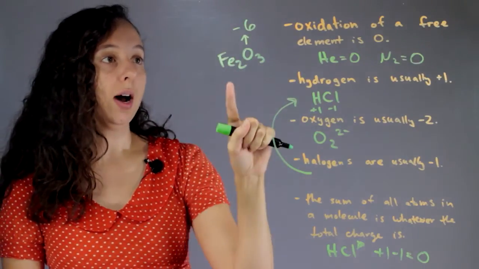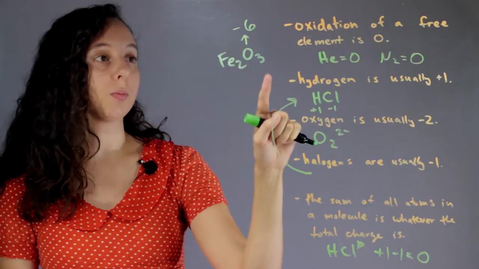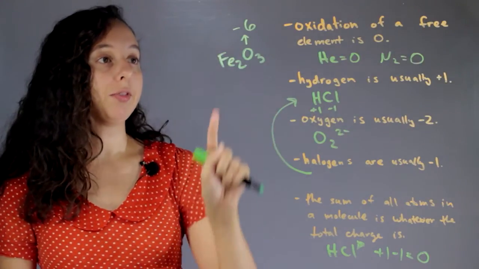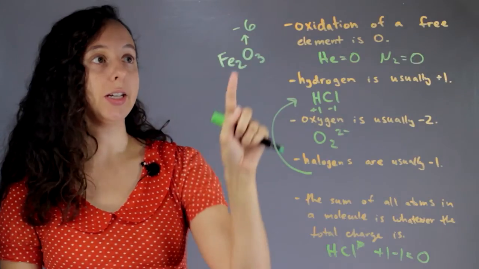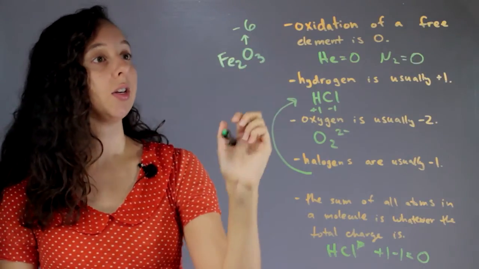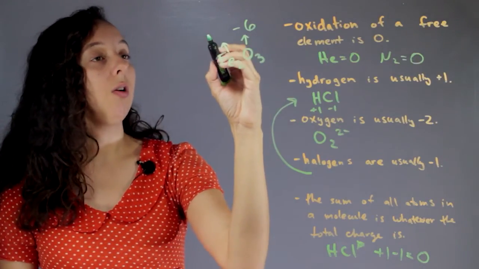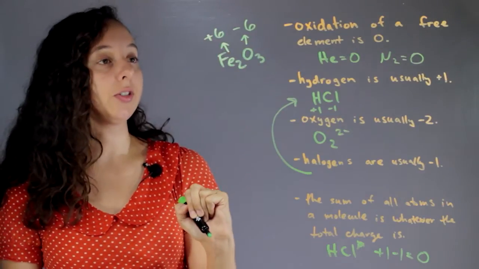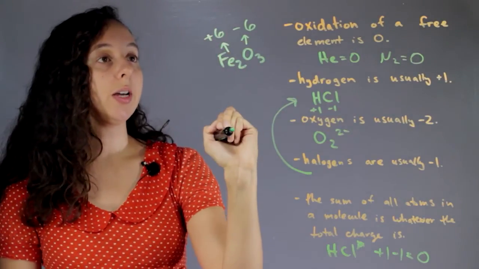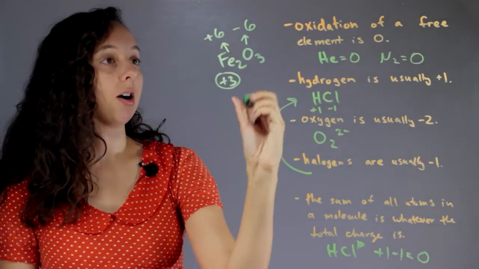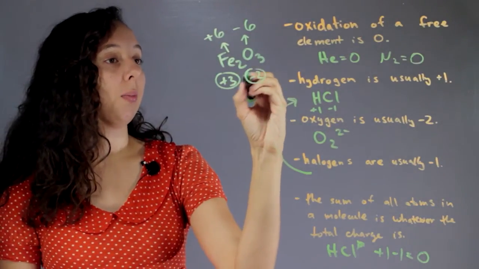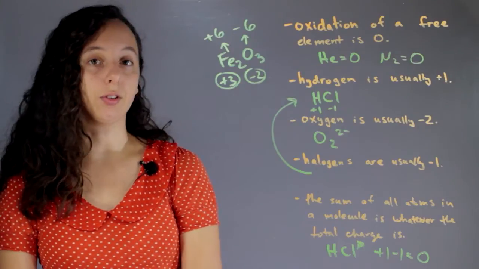And there's only 2 irons, and we know there's no charge on this molecule, so we're going to have these 2 irons add up to a total of +6 to cancel out this -6. This means that the total irons are +6, and since there's 2 of them, each one has to be +3. So our oxidation states are +3 for iron and -2 for oxygen.